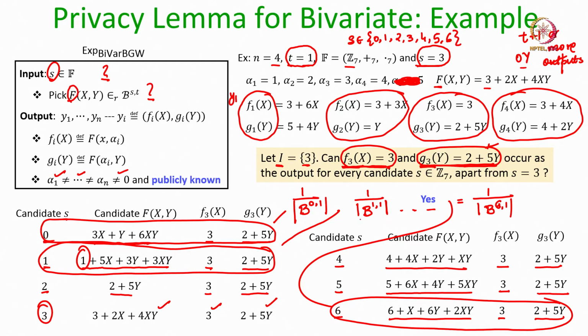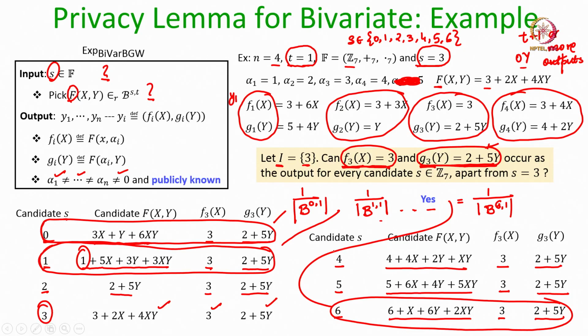Now, in the denominator all these sets have the same cardinality, namely the number of bivariate polynomials of degree 1 over Z7 with 0 being the constant term is the same as the number of bivariate polynomials over the field Z7 of degree 1 with 6 being the constant term. That means, when you are doing this mental calculation, you can't say that S being 0 is more likely to be the case compared to S being 1.